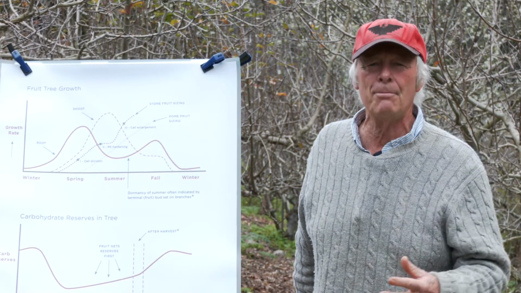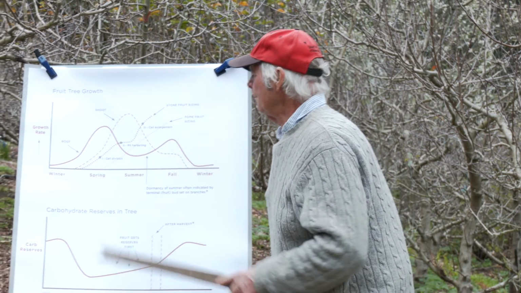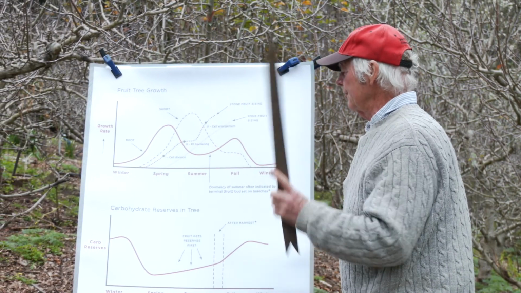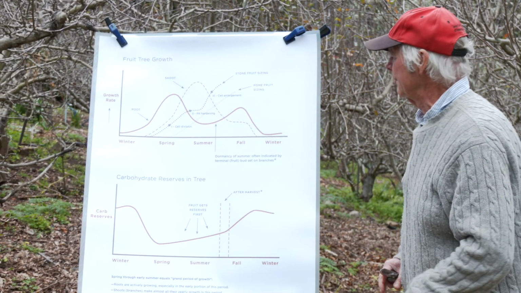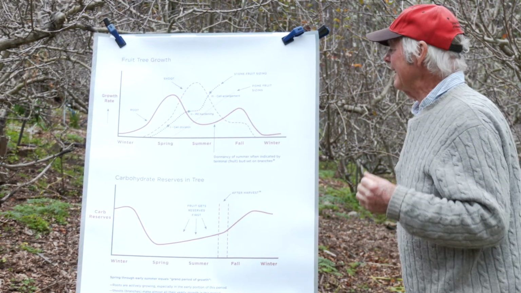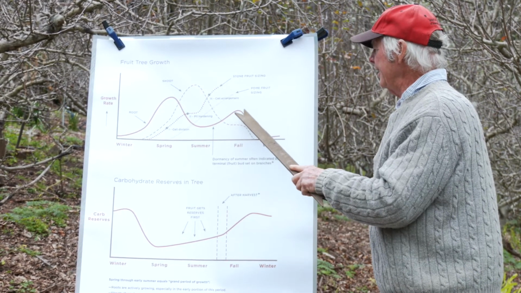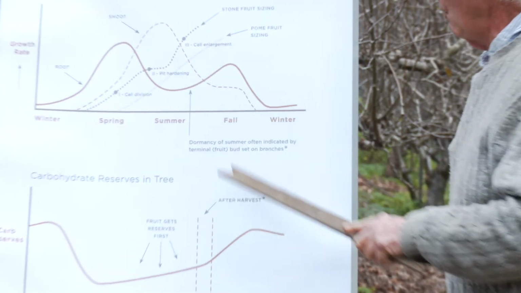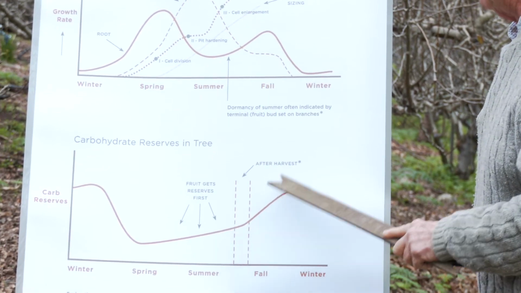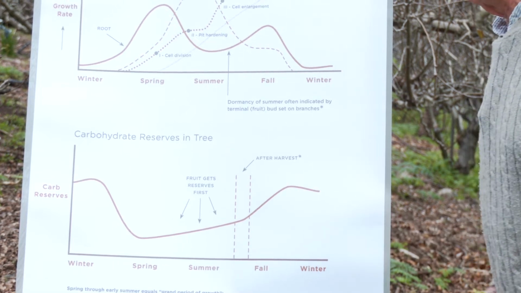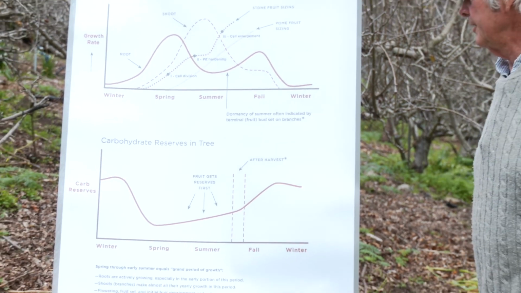If you're applying compost or nutrients, do it as soon as you can to both facilitate this upsurge in growth and to compensate this drawdown of carbohydrate reserves. And then you might consider doing it again in this period here in the late summer, fall, as indicated by the uptick of root growth here, and hopefully the uptick of carbohydrates for storage over winter to start the following year off with a bang.